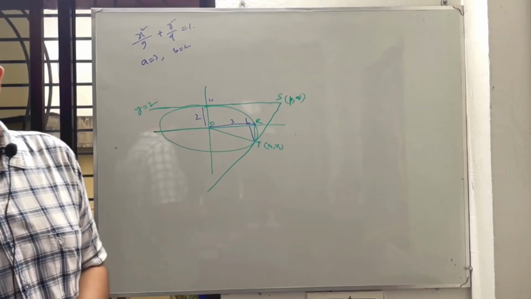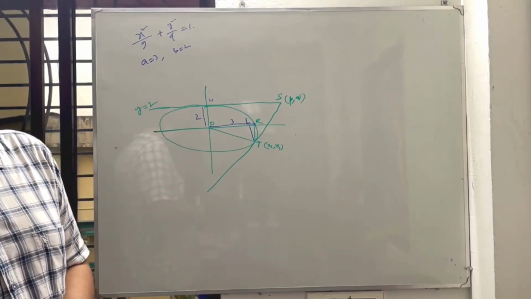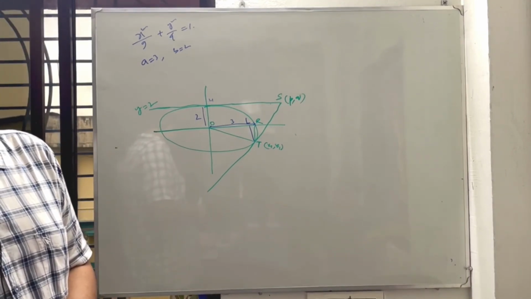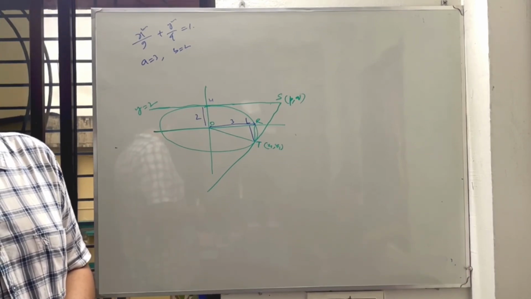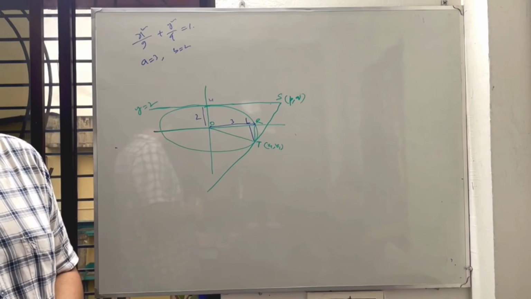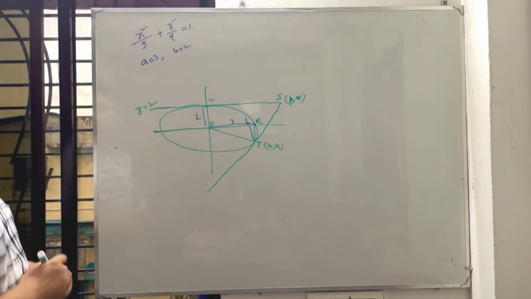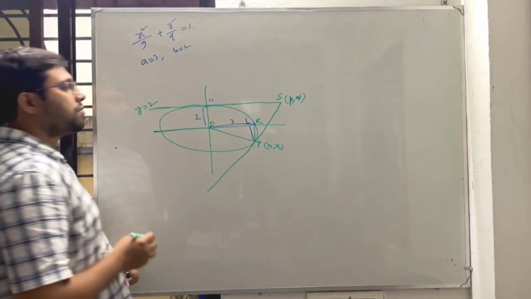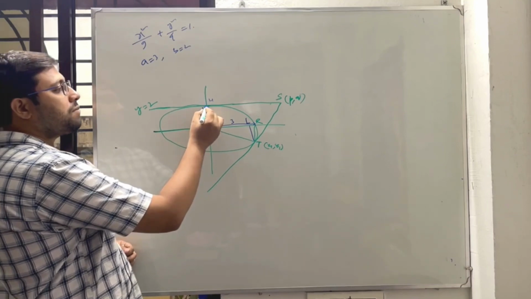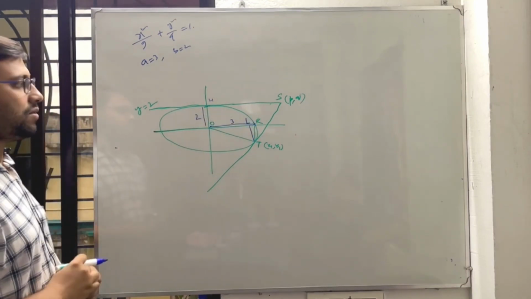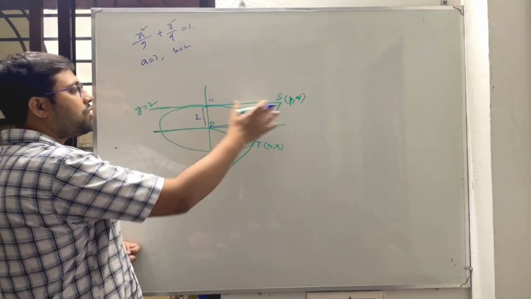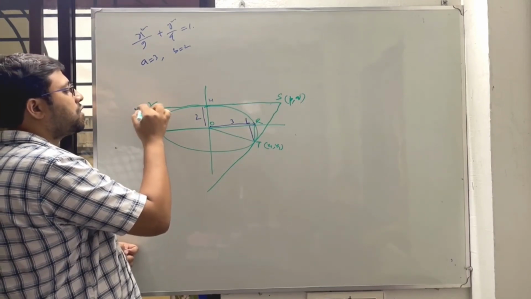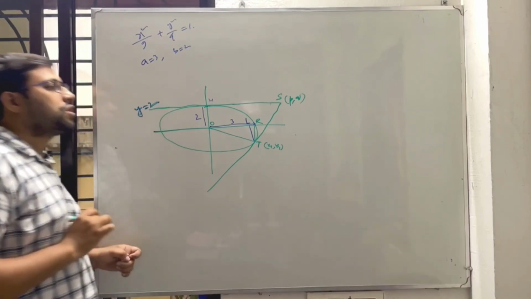One tangent meets the ellipse at one point on the minor axis, and the other meets at the point T in the fourth quadrant. Since it touches at the minor axis, it must be parallel to the x-axis. And since OM is 2, the equation of this tangent must be y equals 2.